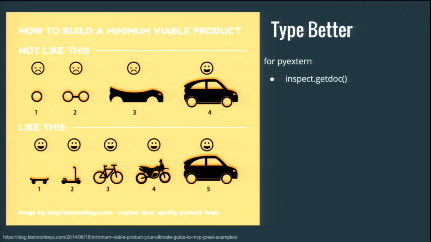The inspect module has an API called getdoc, which returns me a doc string of the Python module. So I don't even have to parse any documentation. I just call it in a Python environment at runtime, and then it will return me the doc string.